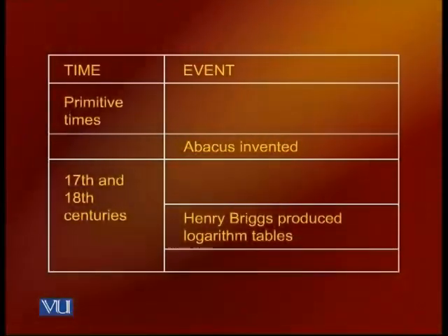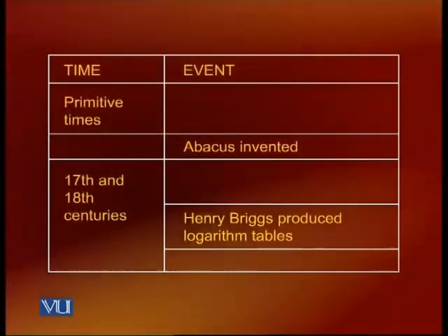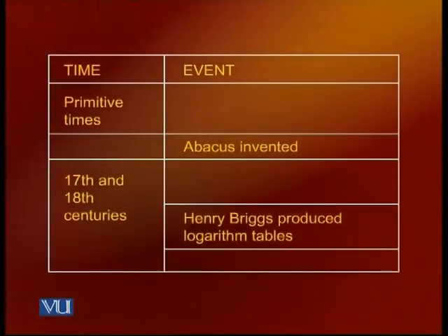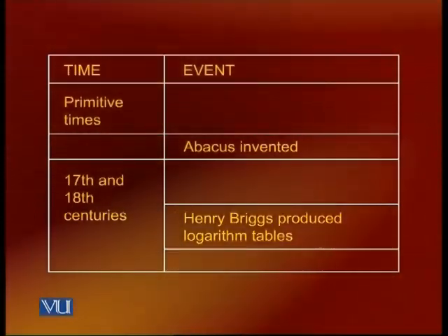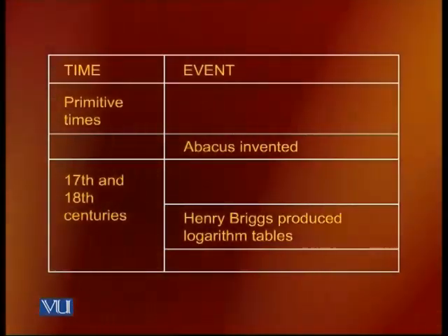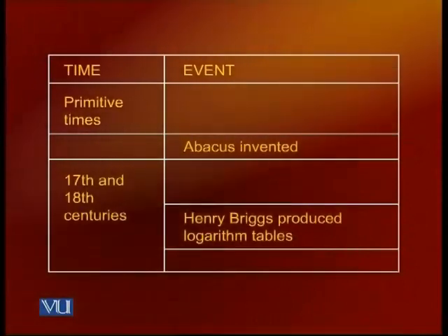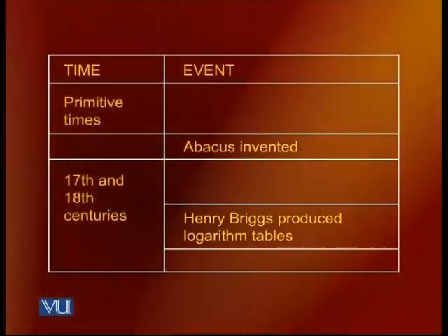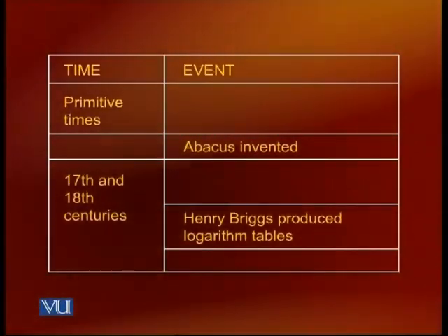And in the opposite column you find there are 3 events. Only one has been given to you. You have to fill out the other 2 events. Henry Briggs produced logarithm tables, but something must have taken place before that and something after that. The events given to you are incomplete, but a clue has been given, so you go through your text and quickly find out what took place before Henry Briggs produced the logarithm tables.